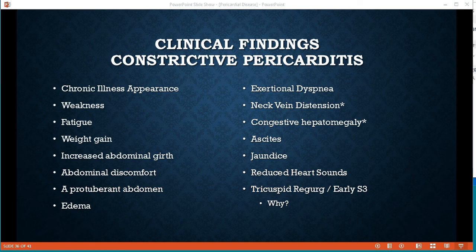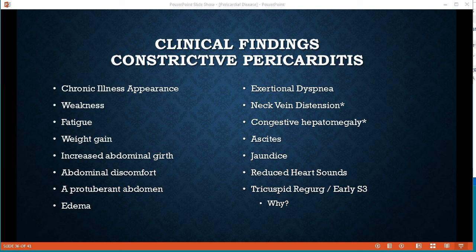But again, the backup of flow is going to be in the portal venous system when it's liver cirrhosis. So when you have congestive hepatomegaly with constrictive pericarditis, you're going to actually see neck vein distension because the issue is at the heart versus the liver. Okay, so that's where you see the difference between the two.